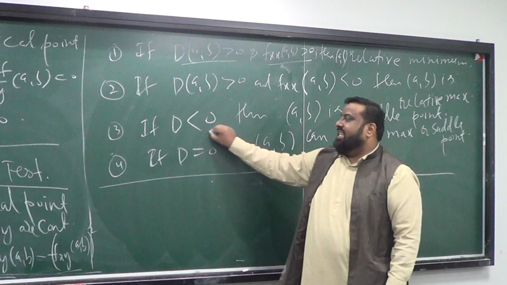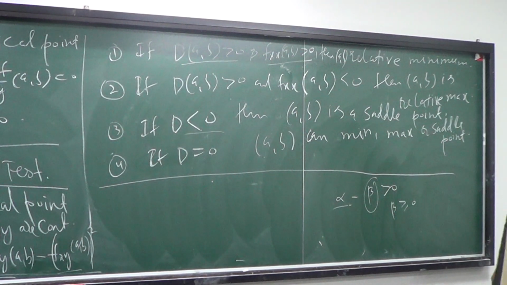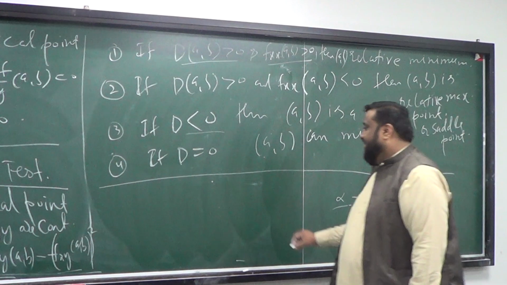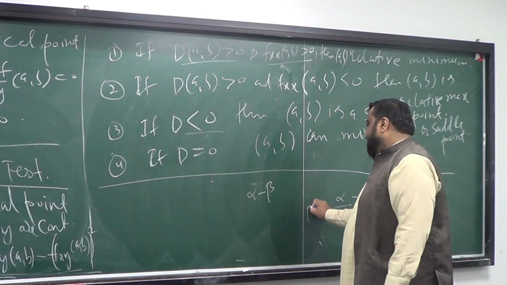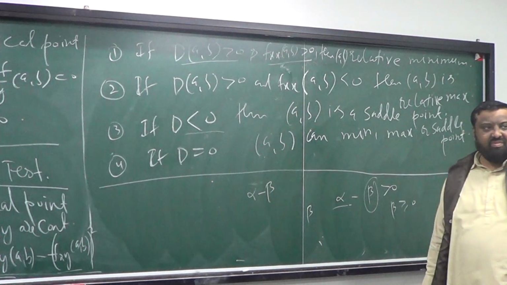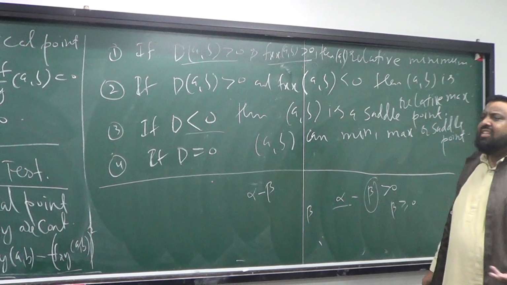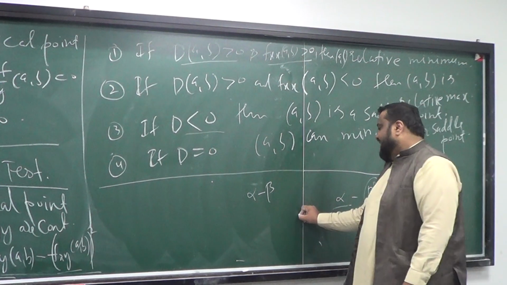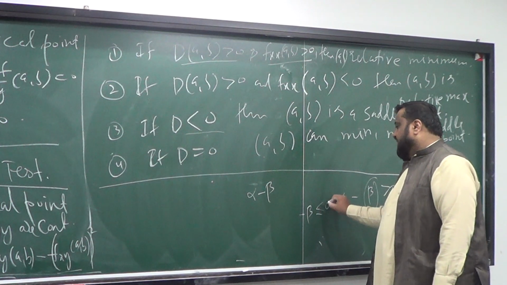And if D is negative, so when D is negative, what happens now? Now that would be an interesting situation. I have alpha minus beta, where beta is positive. Okay? Beta is positive, in other words, non-negative. So what can you say about negative beta? So it's non-negative actually.